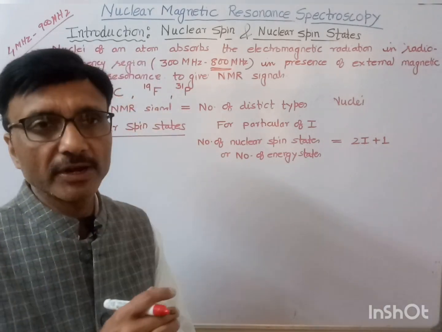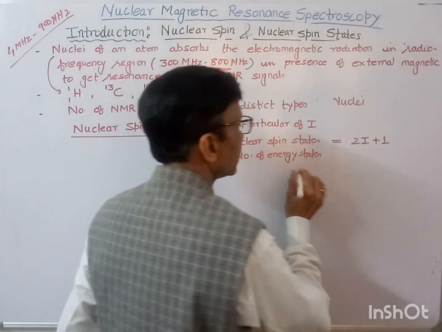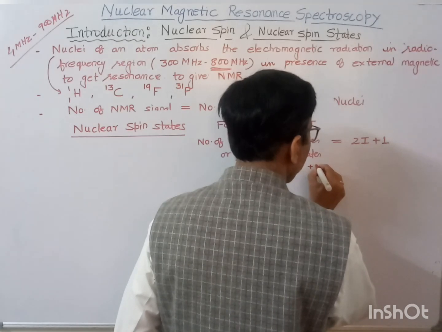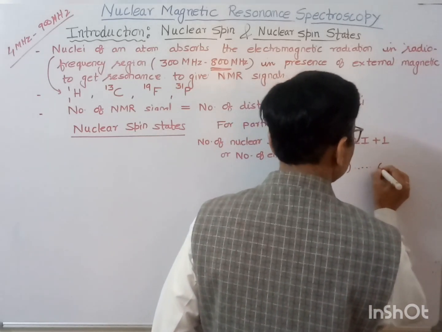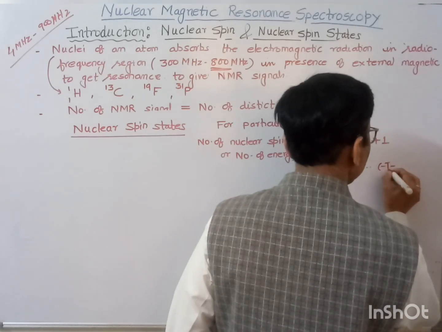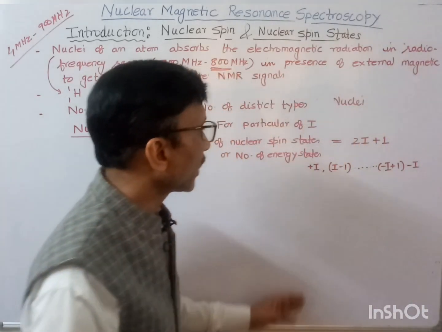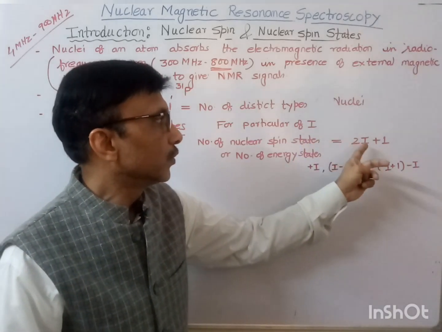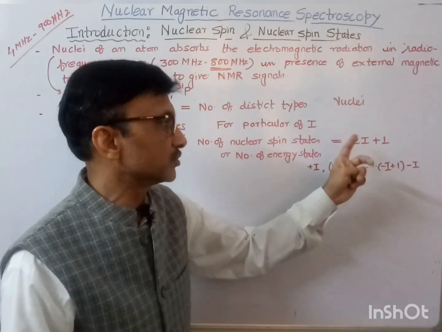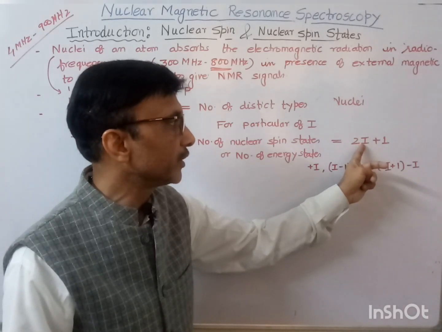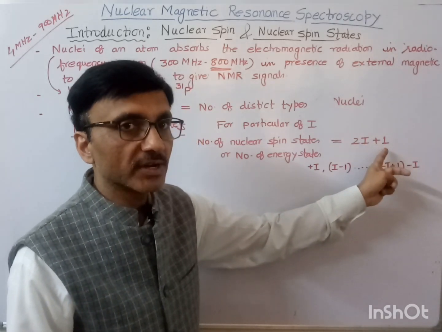So for a particular value of I, a certain fixed number of states are there, and they lie from plus I to minus I. Suppose I is equal to 3 by 2, then the total number of energy states would be 4.